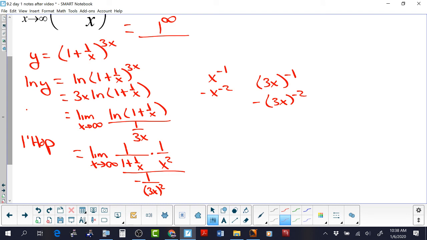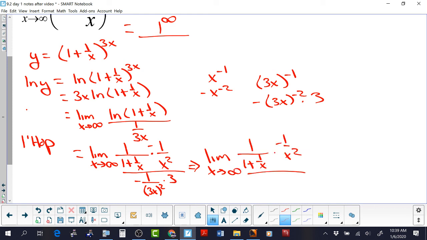And I forgot the chain rule. Times 3. Shame on me. I even forget it every once in a while. I didn't forget last period. That's the weird part. Limit as x approaches infinity of 1 over 1 plus 1 over x times negative 1 over x squared over, this is really 3/9, so negative 1 over 3x squared.